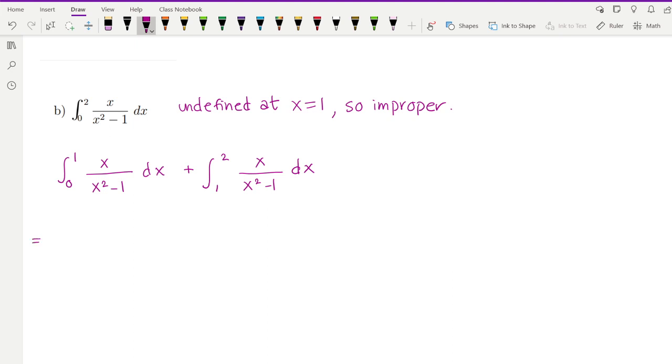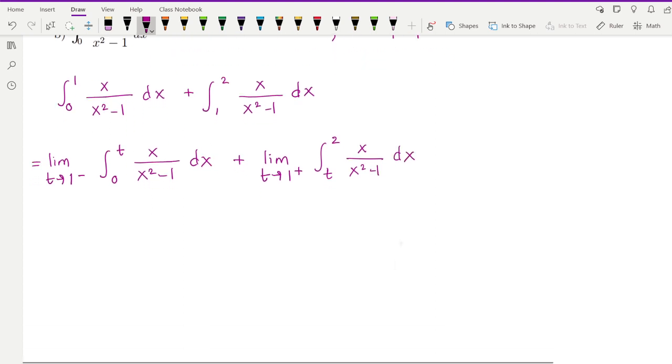So this is going to be the limit as t approaches 1 from the left of the integral from 0 to t of x over x squared minus 1. And then we have, again, the limit as t approaches 1, this time from the right, of the integral from t to 2 of x over x squared minus 1.